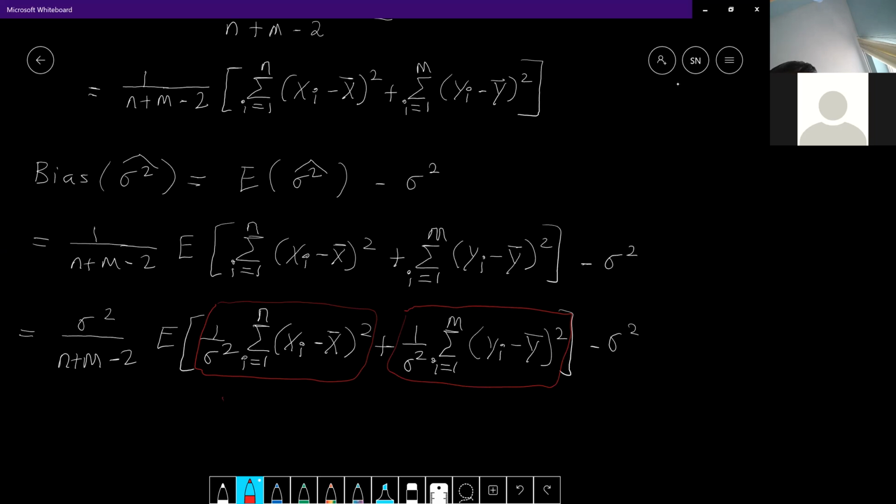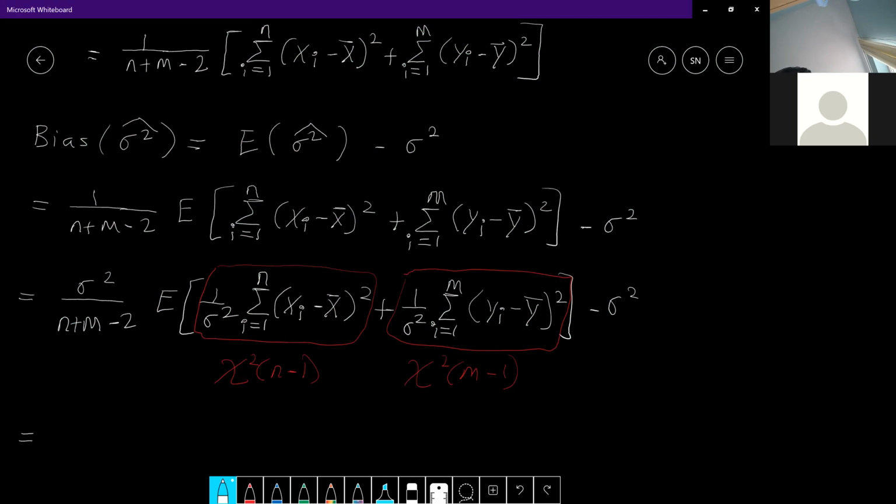This one will have a chi-square distribution with n minus 1 degrees of freedom, and this one with m minus 1 degrees of freedom. Do you remember that? If you look back in the notes on the chi-square distribution, you will see this.